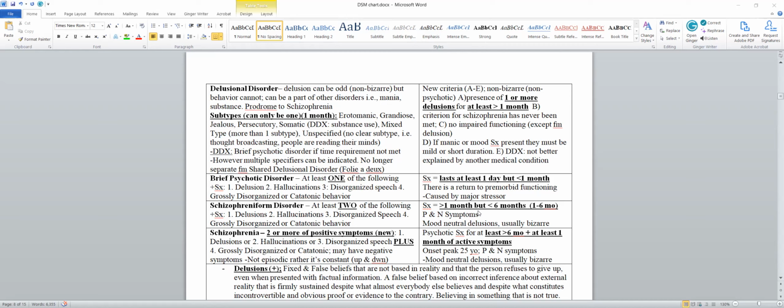The mood is neutral, with delusions usually bizarre. In brief psychotic disorder and schizophreniform disorder, usually the delusions are bizarre, whereas in delusional disorder, they will be non-bizarre. And remember, non-bizarre is possible but not probable, and bizarre is not possible.